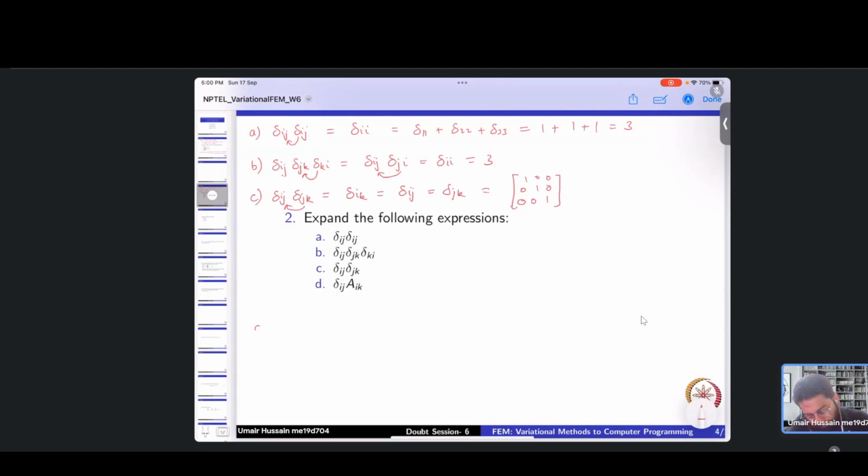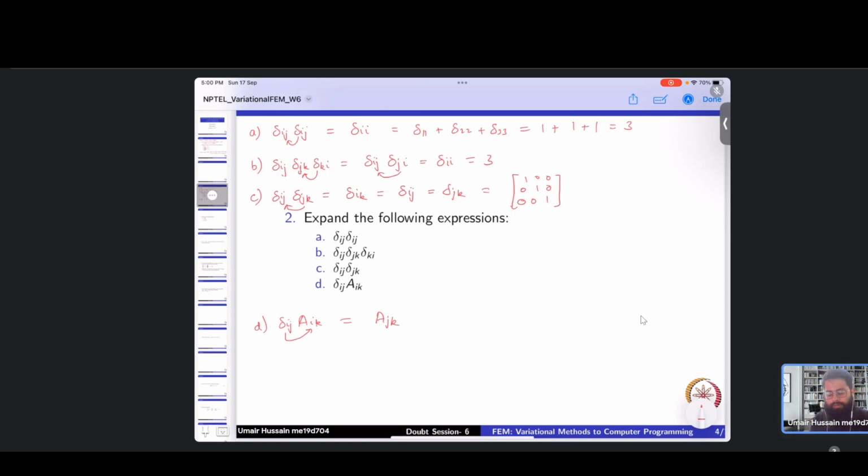Then we have delta ij into aik. So here we apply the substitution rule on the i index of A. So we get this as ajk. Okay.